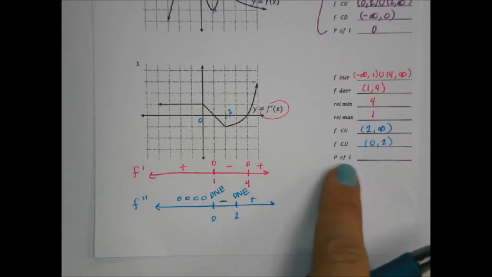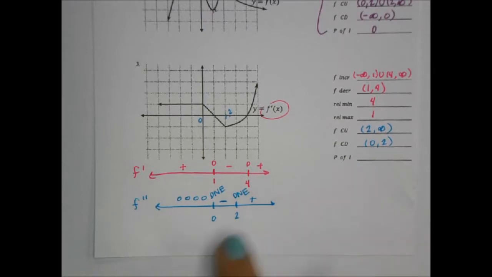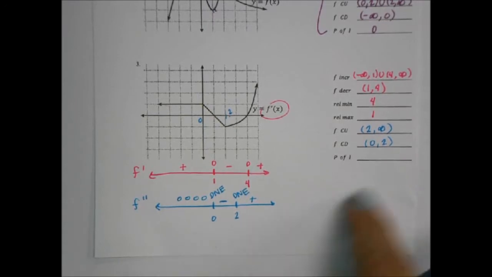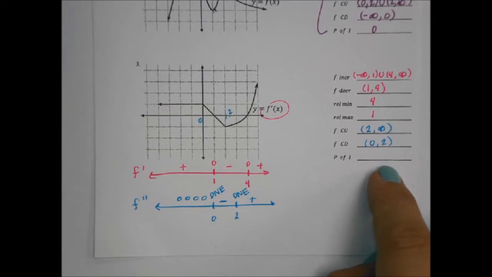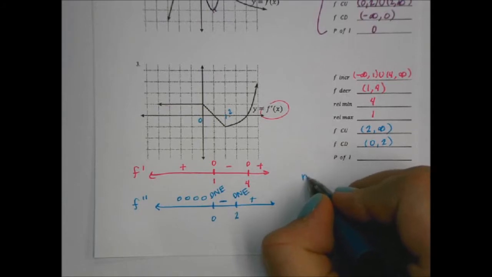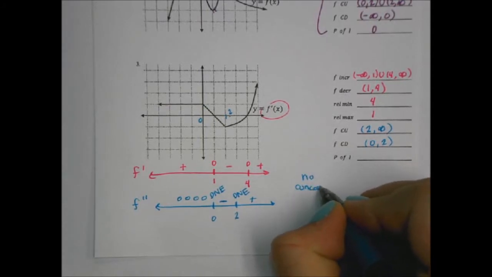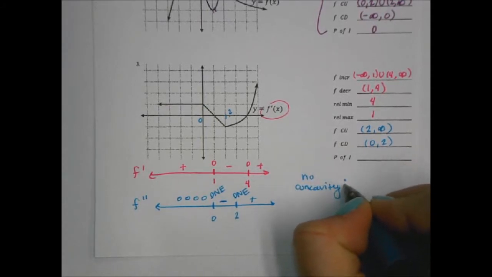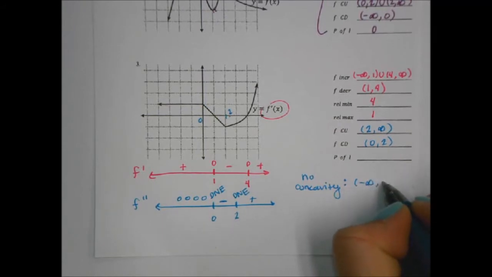So although we have a change in concavity at 2, this point does not exist here. So we're not going to list it as a point of inflection. We might add in that we have no concavity on negative infinity to 0. Okay, and no POI.